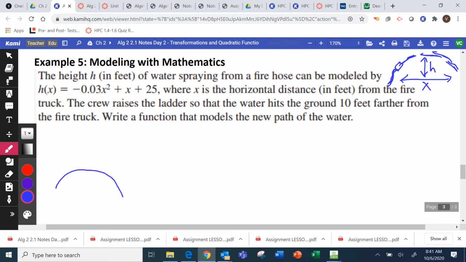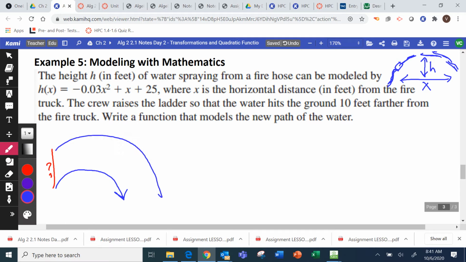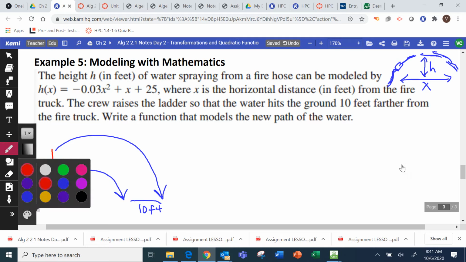It was here, and then the crew raises the truck, and now the water is 10 feet away. Write a function that models the new path of the water.